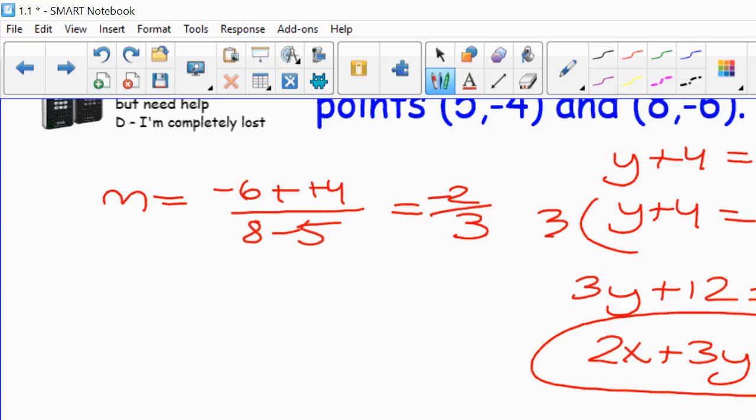And if you made an error, please fix it. And it doesn't matter which point you put it. Your work will look different, but your answer should be the same.